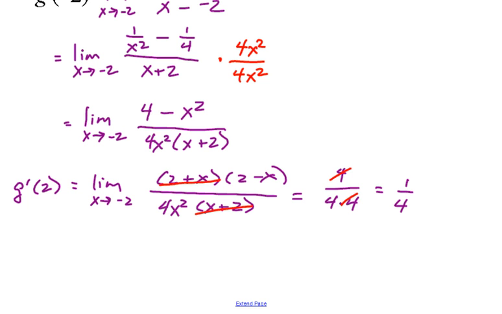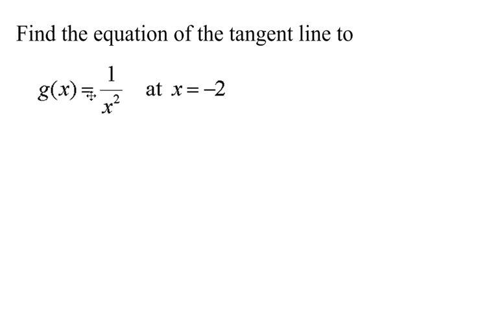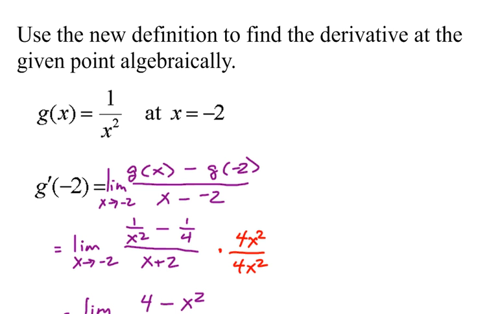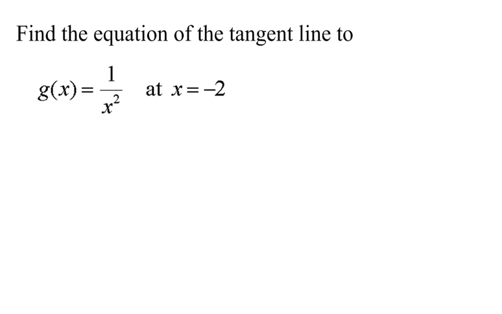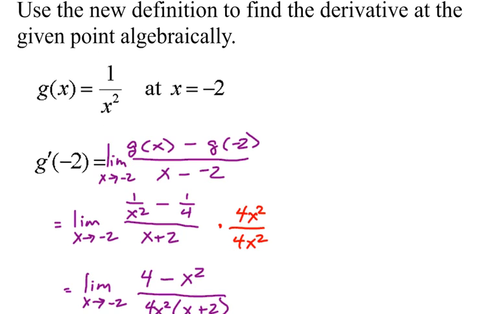So let's head over here where we're asked to write the equation of the tangent line. So let's go back and find out what was our point. So our point, we plugged in -2 and we got 1/4. I remember that now. So let's just write down our information here. g at -2 equaled 1/4. And then g prime at -2, if I remember correctly, was also 1/4.